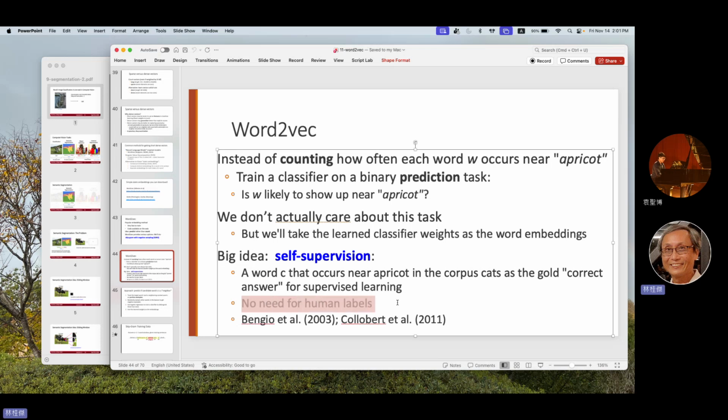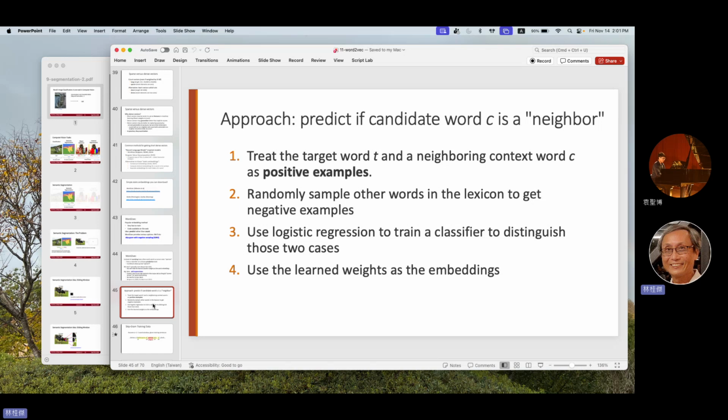No need for humans to label them, but simply give the information to the computer, and the computer trains by itself. That is the technology we will describe, which is word2vec. Let's take a break first, and then we'll come back and look at the details of word2vec, exactly how they come up with the particular definition of the vectors so that we can catch the meaning.